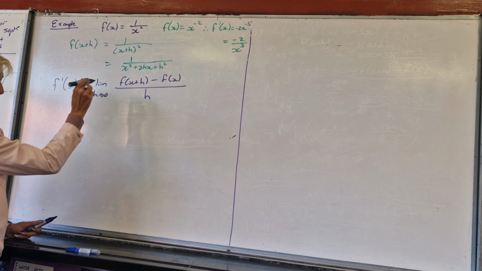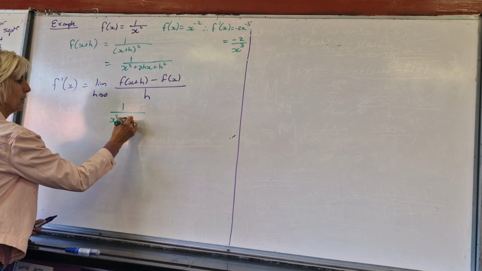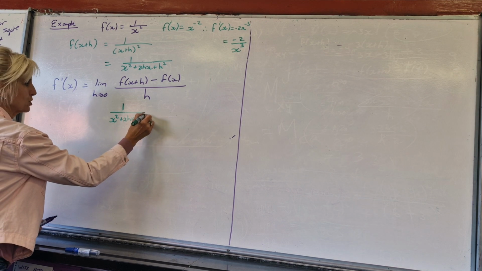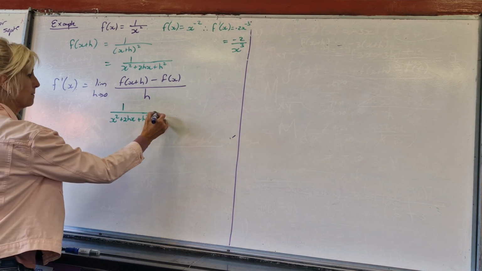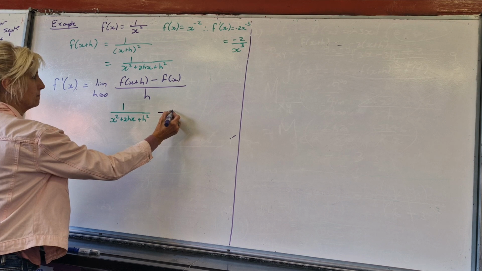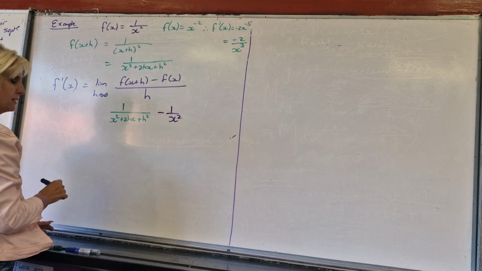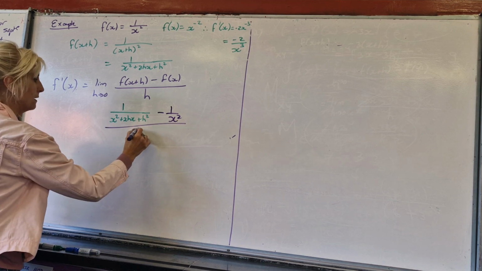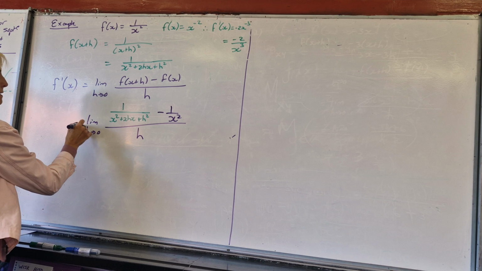So now if I substitute that in, it's going to be 1 over x squared plus 2hx plus h squared, agreed? Then minus that with 1 over x squared. It was a plus, so it's now a minus. And everything over h, and the limit of h tending to be 0.